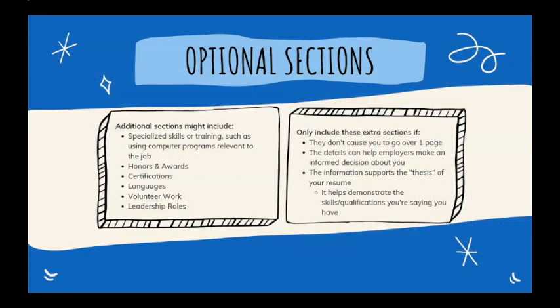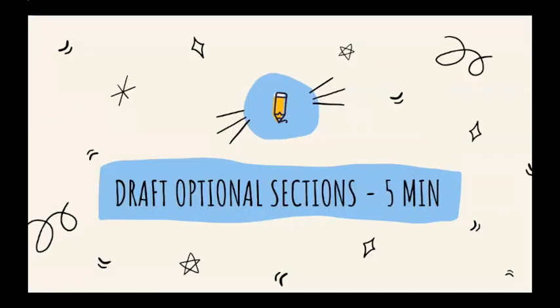However, you should only include optional sections if they don't cause you to go over one page, or the details can help employers make an informed decision about you, or the information supports the thesis of your resume. It helps demonstrate the skills and qualifications you're saying you have. Try to be choosy about which information is relevant and which isn't. You guessed it, set your timer to 5 minutes and work on your optional sections.